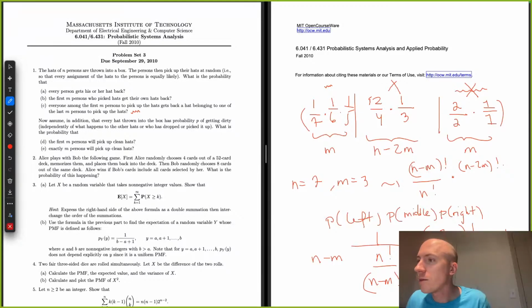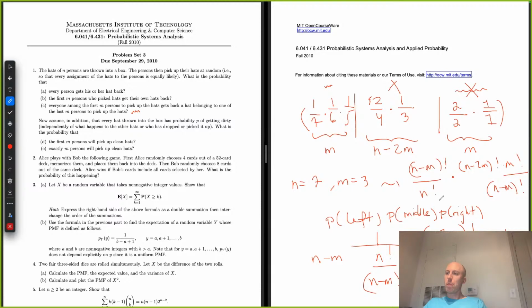I guess these guys would cancel out, negative m plus 2m, I guess that would just be m factorial times n minus m factorial. It looks like these would cancel out.